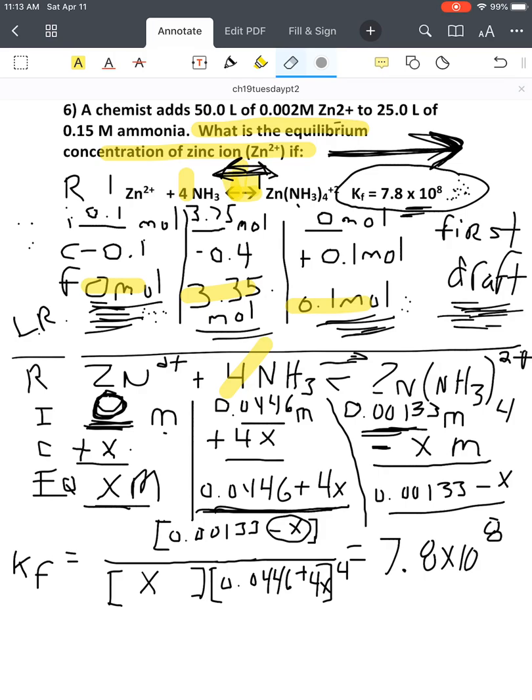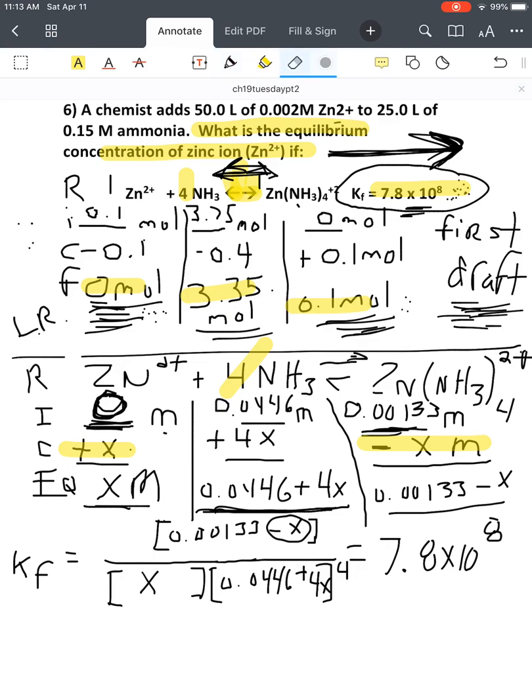Now x, if we go back to our equation above, it's essentially representing the change that occurs as the system reaches equilibrium. And we know that the Kf value is a humongous number. So indeed, this equilibrium really does lie far to the right. And this initial approximation, this first draft that we built, should be pretty close to being correct.